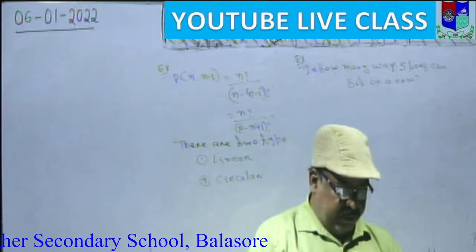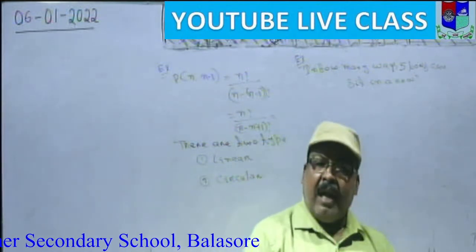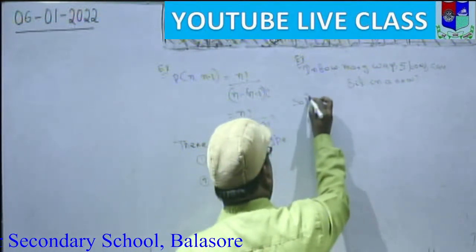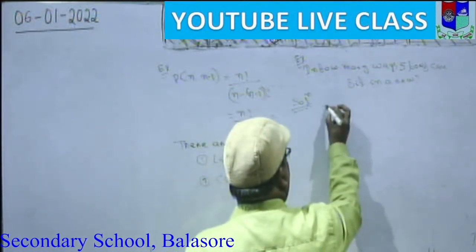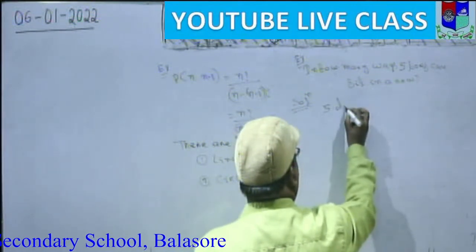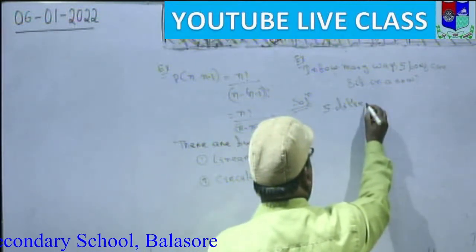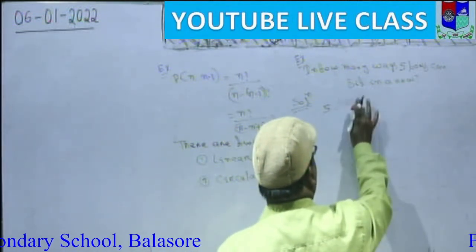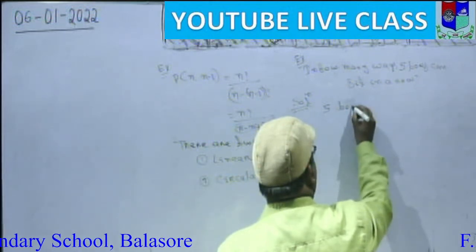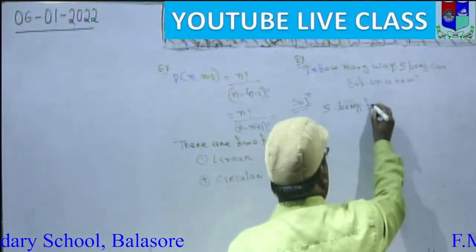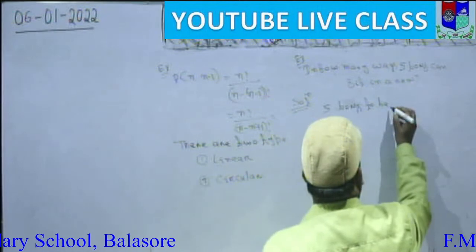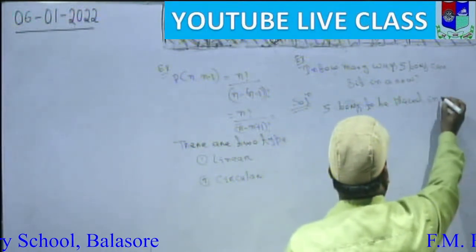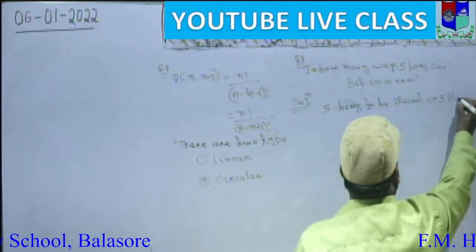Now 5 different boys can be placed in 5 places. Solution: 5 different boys to be placed in 5 places.